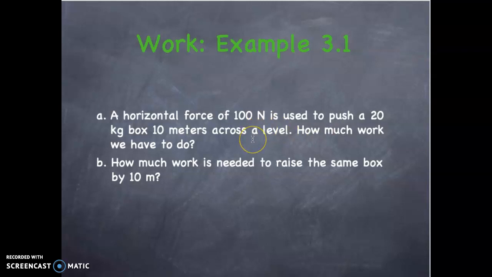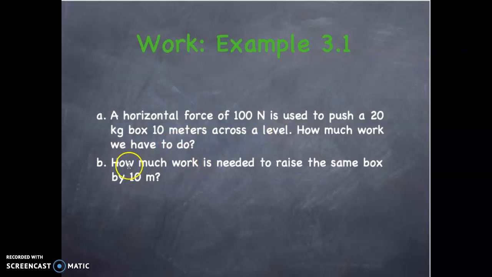An example, comparing a horizontal force versus gravity. A horizontal force of 100 newtons is used to push a 20 kilogram box 10 meters across the floor. How much work do we have to do in order to implement this process?